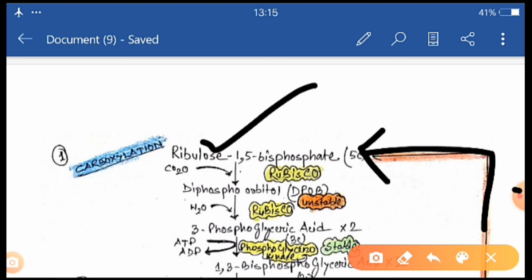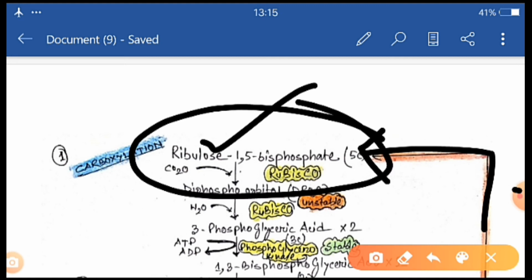Hence it is called a cyclic process, and by this cyclic process RuBP is regenerated, and during this process glucose was produced as a product of synthesis, which was discussed at the very beginning. Okay, thank you.